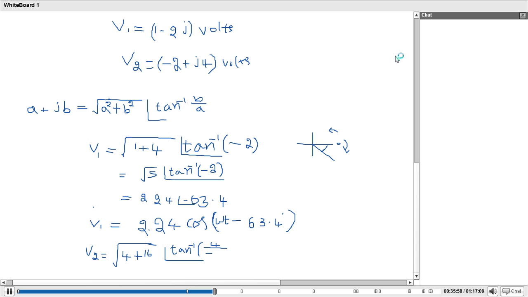This is in which quadrant? Minus 2 plus j4 means it is in the second quadrant. So it is going to be tan inverse and 90. Root 20 is how much? 4.47.